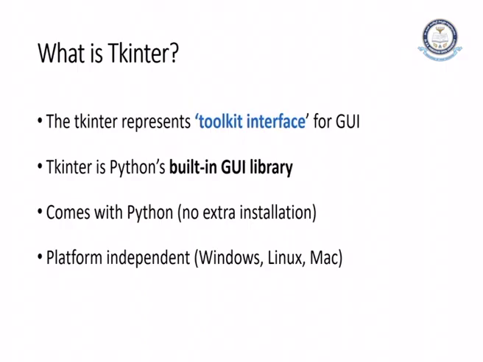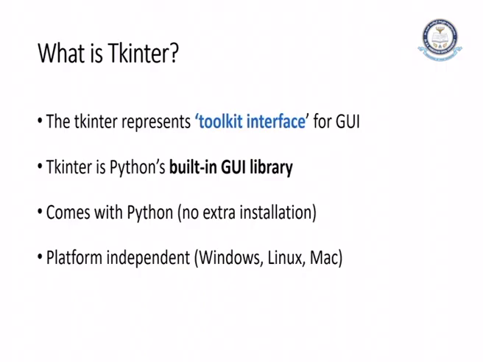For that we are going to use one library, and that library name is Tkinter, available in the Python programming language. Tkinter represents toolkit interface. Tkinter is a library that is used to develop the interface.